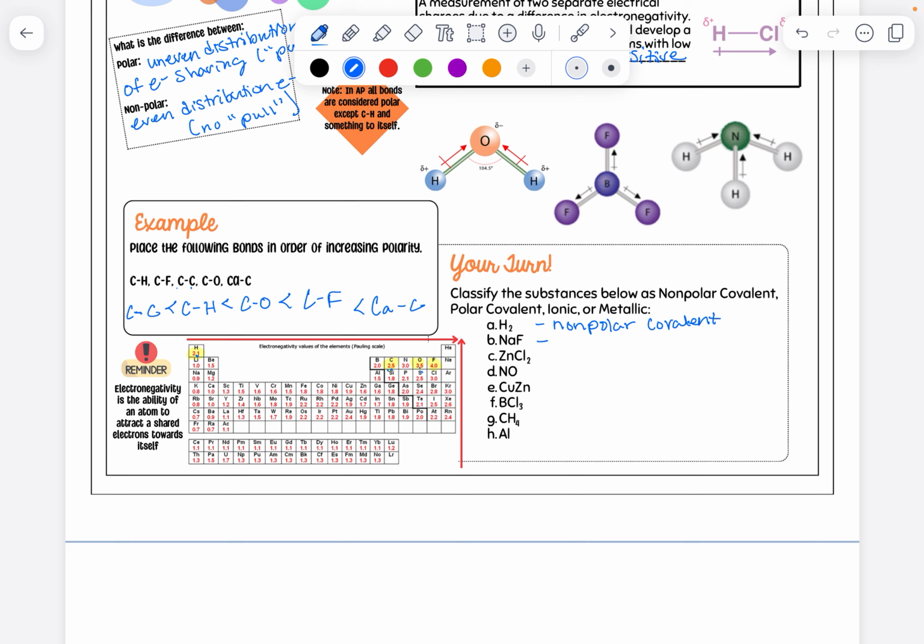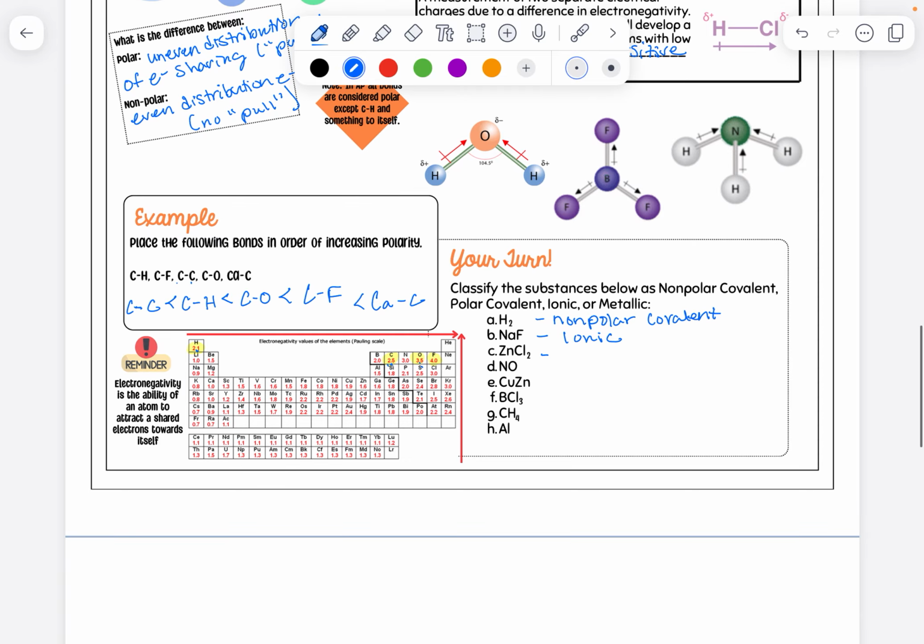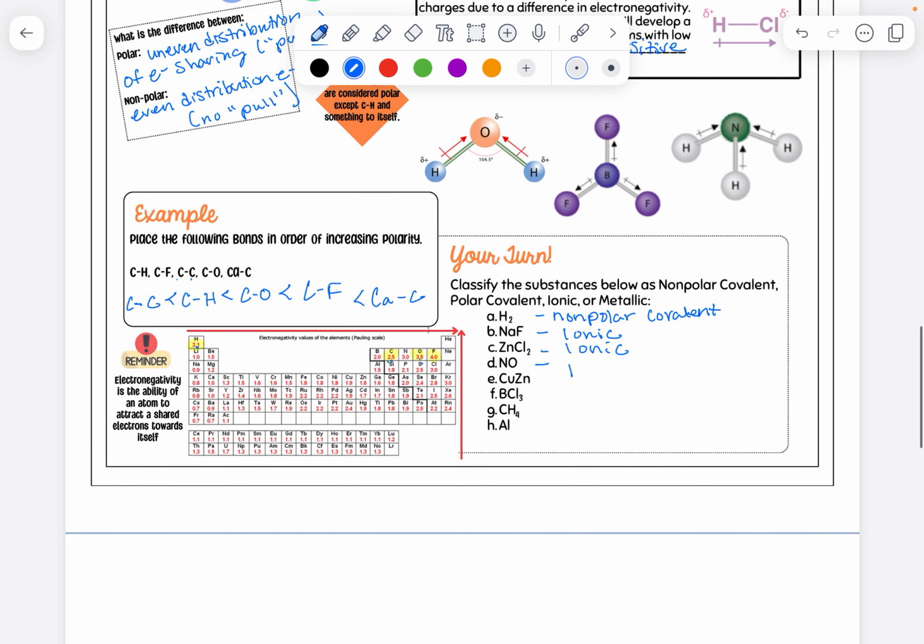Sodium and fluorine, we've got a metal and a nonmetal. That's an ionic bond. Zinc and chlorine, again, a metal and a nonmetal, another ionic bond. Nitrogen and oxygen, two nonmetals. They're not the same atom, so this is going to be polar. They're going to have an unequal pole, covalent.